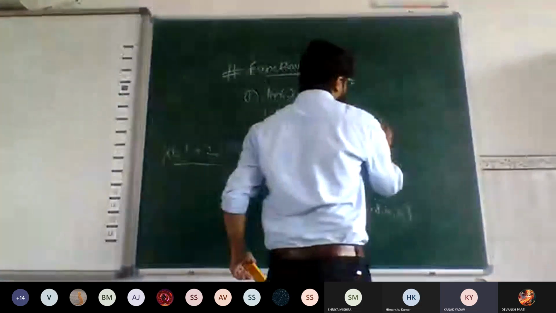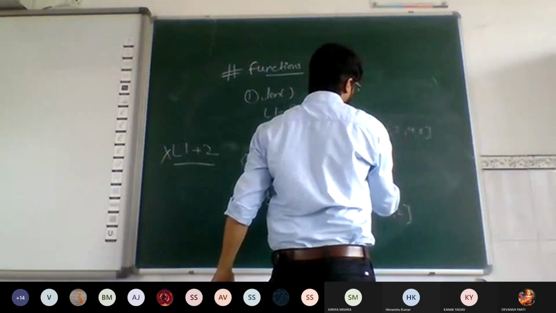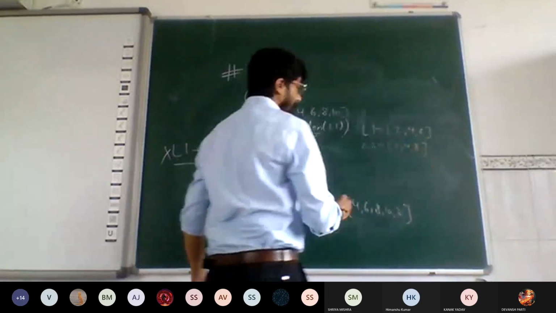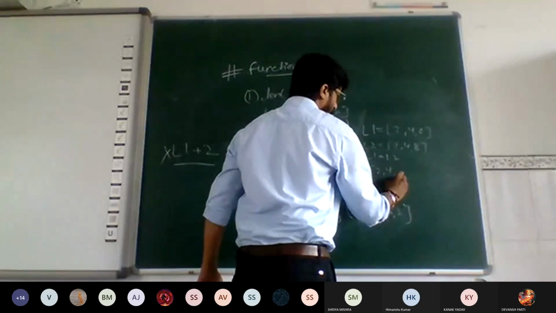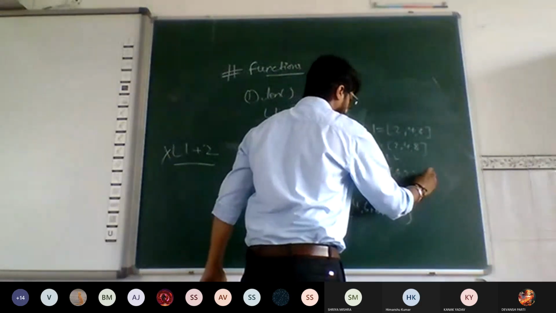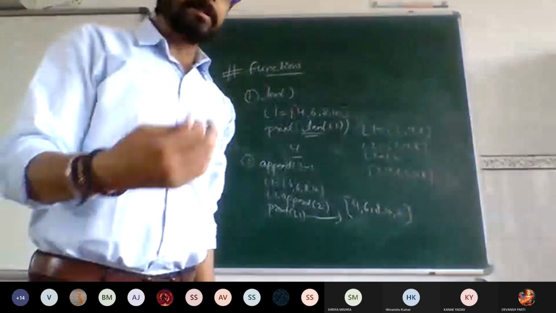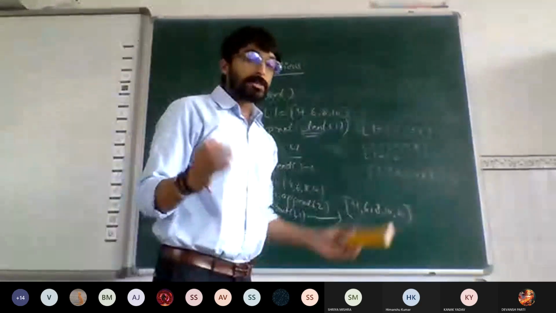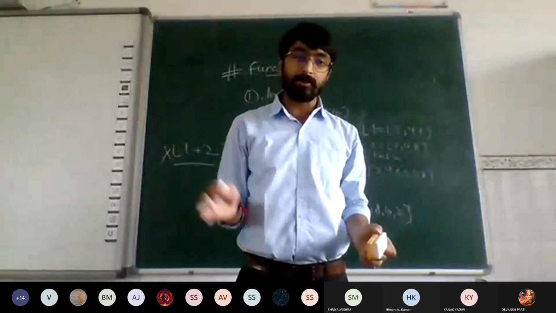Say I have a list 2, 4, 6 and another list 2, 4, 8. If I add L1 plus L2, it is going to display 2, 4, 6, 2, 4, 8. Let the elements be repeated, no issues in that. The rule says you are concatenating 2 lists, whether they are repetitive or non-repetitive, you have to display them.